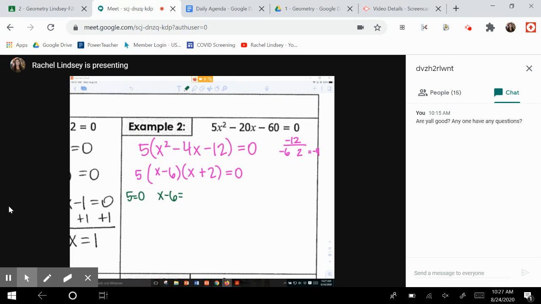Okay, so 5 can't equal 0, so that one doesn't matter. And then what do I get from this one right here? We have to change the sign, remember? So you get x equals positive 6, and x equals negative 2.